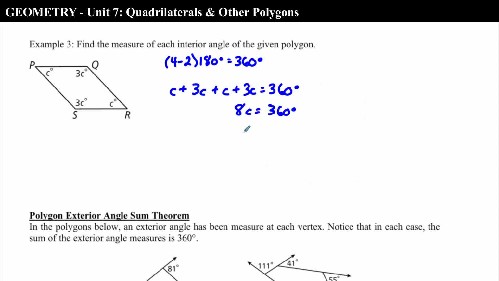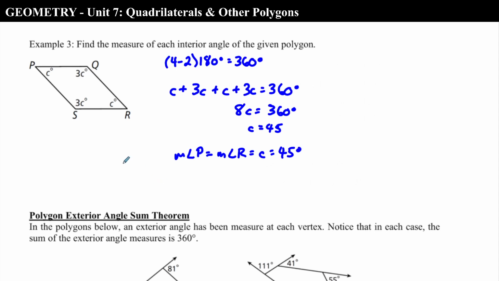And so C is going to be 45. So now that we have C is 45, we're going to find the measure of our angles. The measure of angle P is equal to the measure of angle R, which is C, which is 45 degrees. That's the easy one.